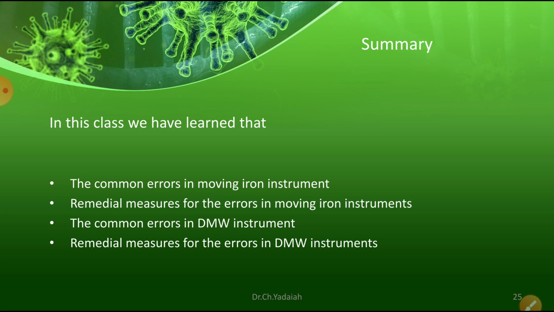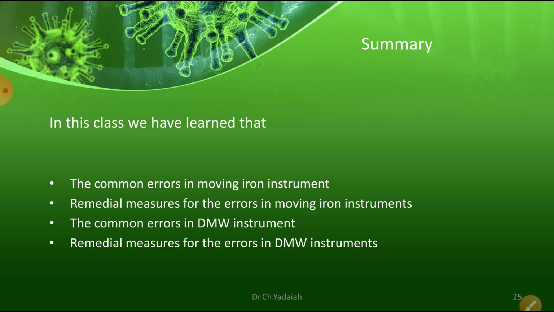Now, coming to moving iron instruments, here also the main errors are temperature errors and stray field errors. When the temperature increases, the stiffness of the spring also increases, and the change in resistance also increases. The torque to weight ratio is light and the frictional errors are small. For stray fields, we use different methods, such as sheet steel lining over the scale, to avoid the external effect.